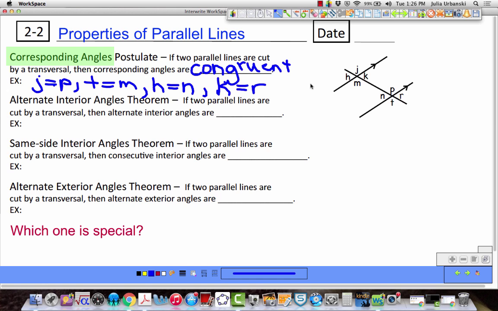Number 2, the rule. Let's review it. What was the rule for alternate interior angles? If the two lines are parallel, then alternate interior angles are congruent. They're not supplementary because they don't start with S's.